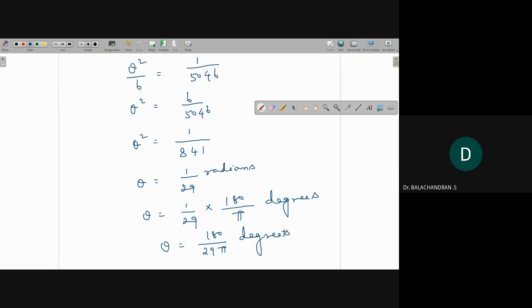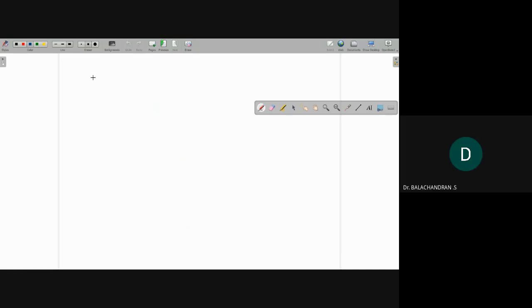If I divide by pi, I get 1.9757. Is it correct? Yes, sir. Theta equal to 1.9757 degrees.